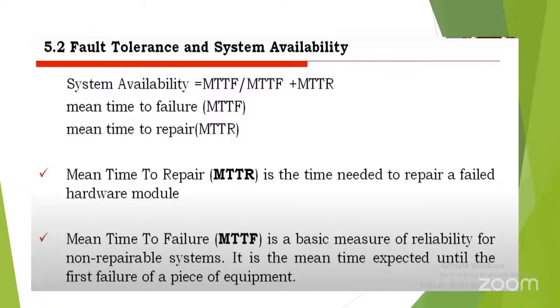MTTR is mean time to recovery. So the formula is: system availability equals mean time to failure divided by mean time to failure plus mean time to recovery. Just note down, I tell you.